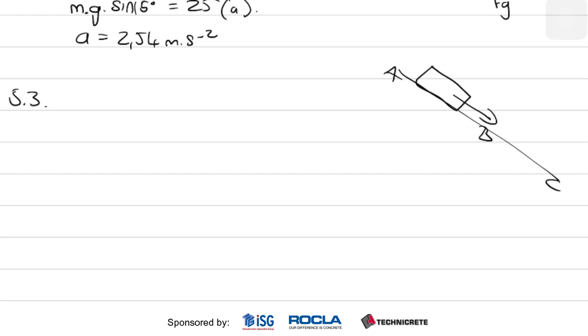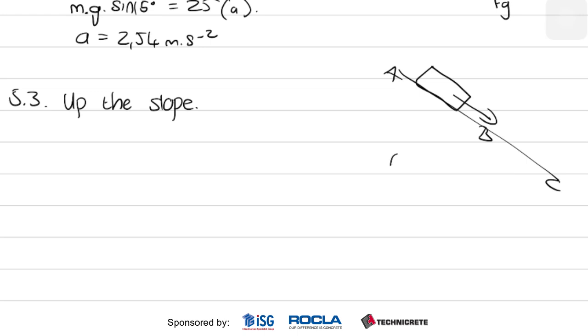The frictional force is making it move slower. So it is actually accelerating up the slope. It's not moving up the slope, but the net force is going up the slope. Otherwise, it would not be slowing down.